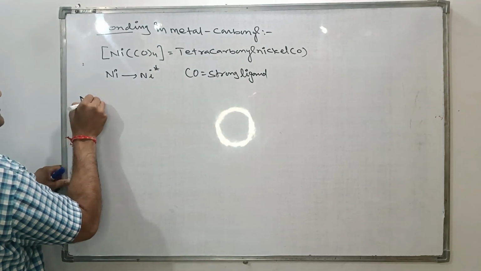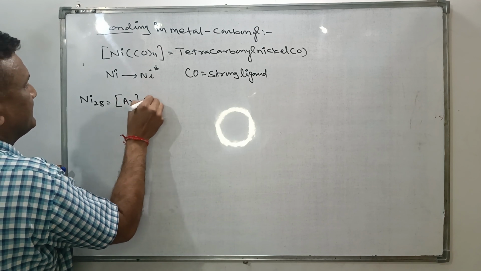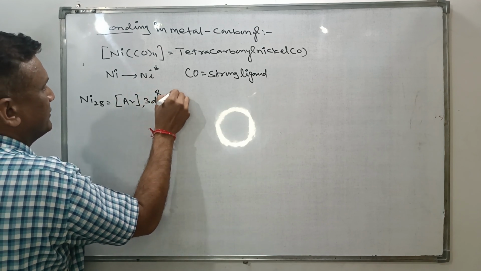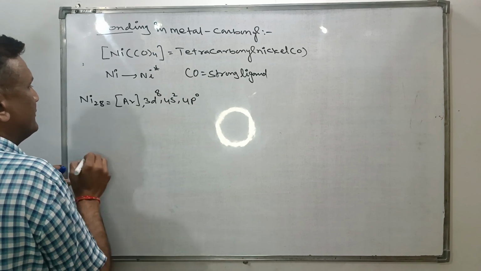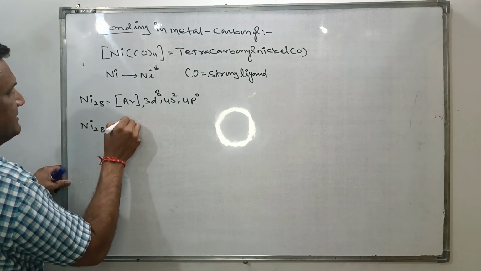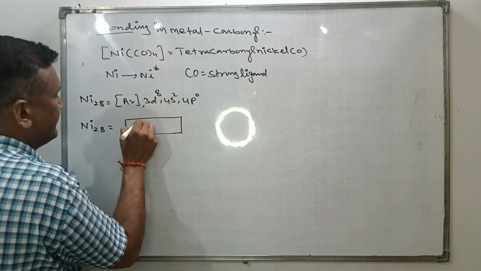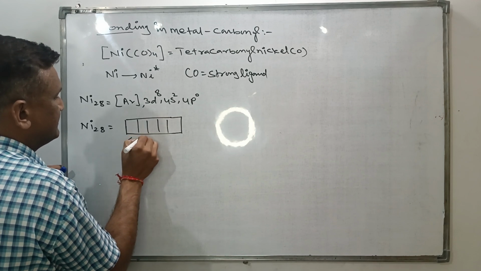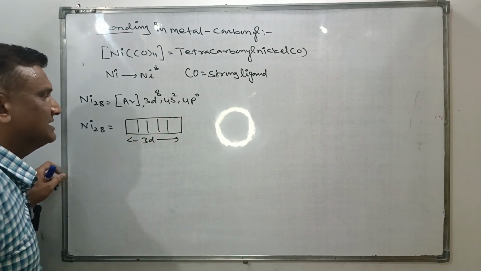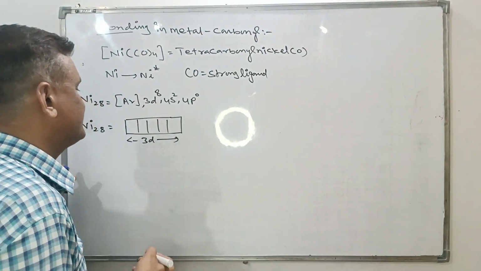So Ni is your 28. This is your argon 3d8, this is your 4s2 and this is your 4p0. This is Ni28. The 3d has 5 orbitals, we have discussed as dxy, dyz, dxz, dx square minus y square and dz square.